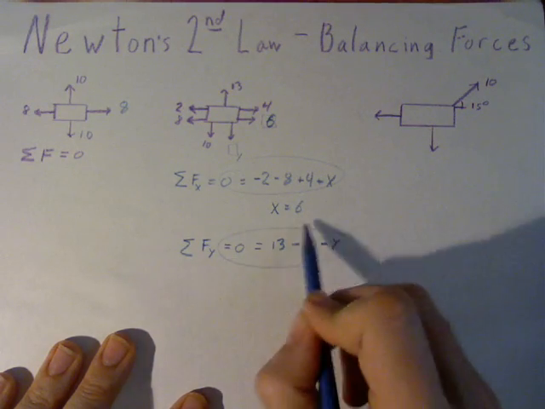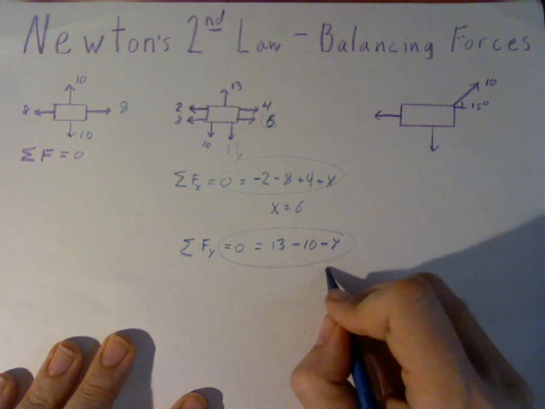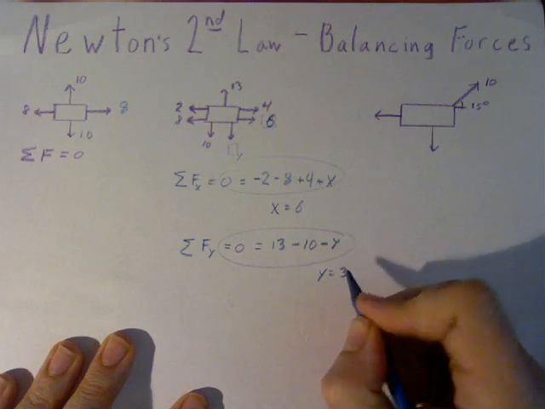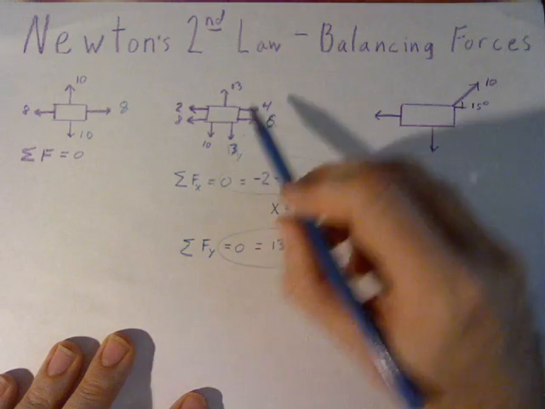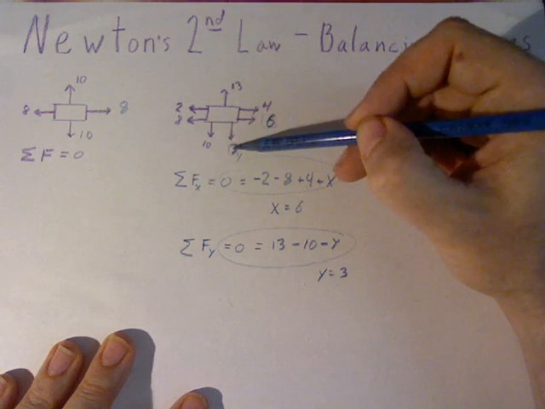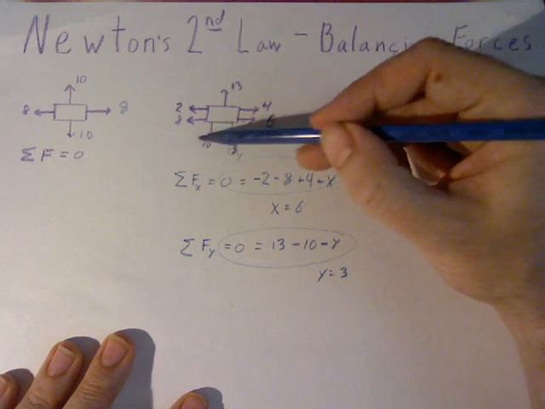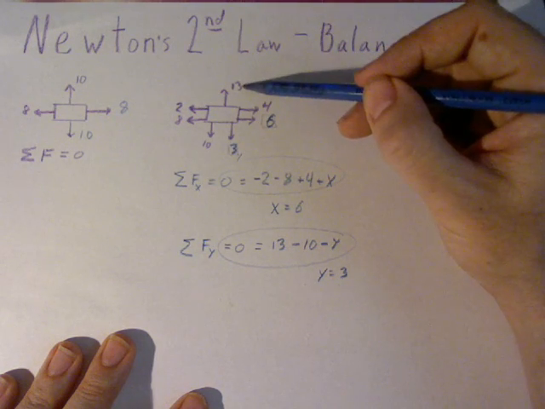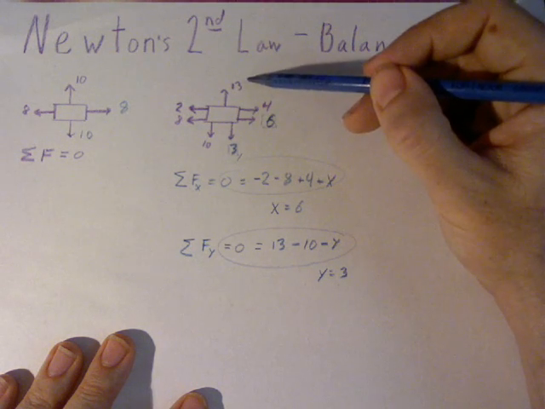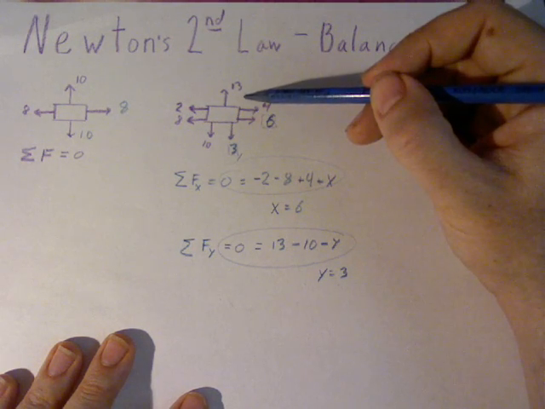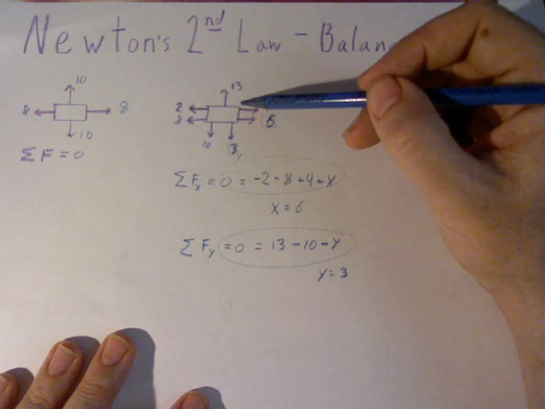So we take our little equation. If we solve for y, we see that y equals 3. We can put 3 right there. So we have 13 up and 10 and 3 going down. 10 plus 3 equals 13 equals 13. The total amount of force going down and the total amount of force going up are equal. So there's no acceleration up or down.